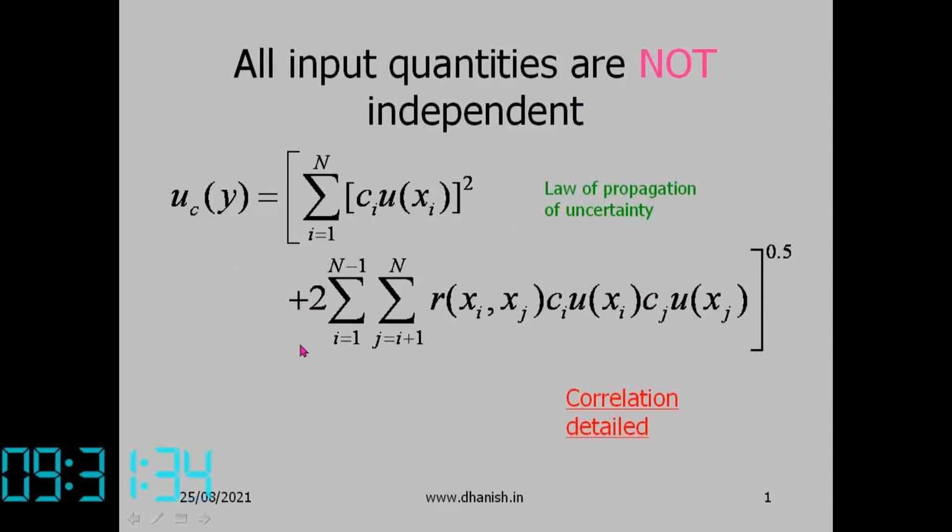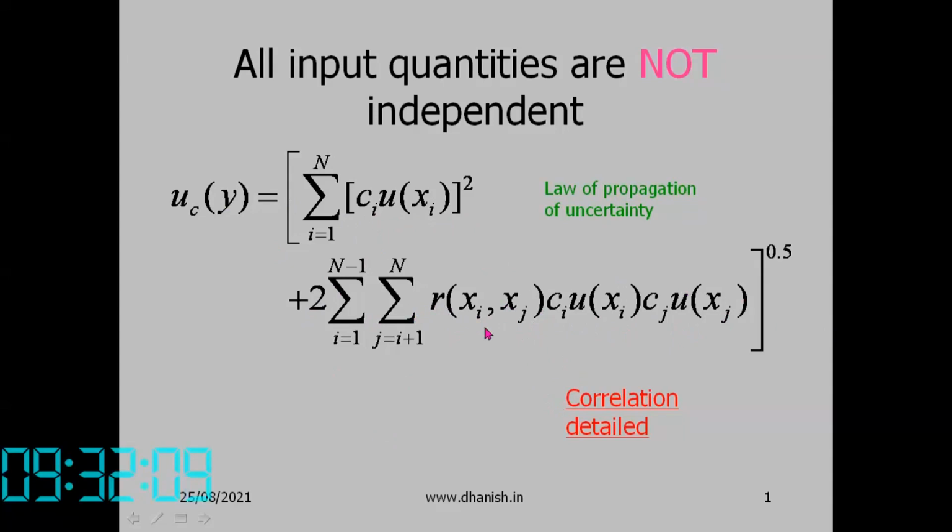So that is the additional term, twice. Just like (a plus b) whole square is a square plus b square plus 2ab, in the same way, 2 times Ci into standard uncertainty of xi is a, Cj into standard uncertainty of xj is b, plus this into r. What is r? That is the correlation between xi and xj.